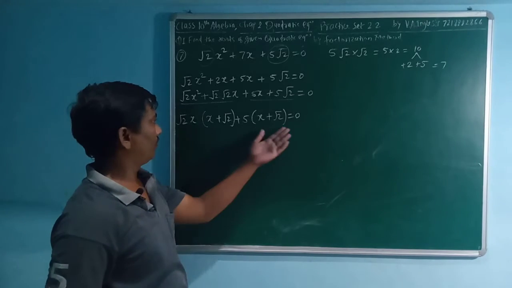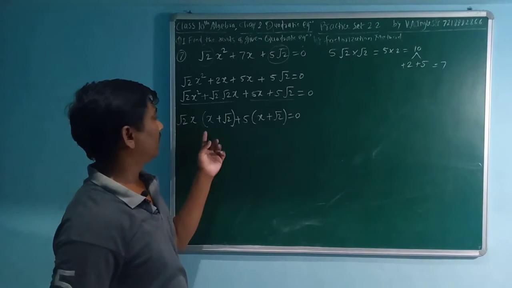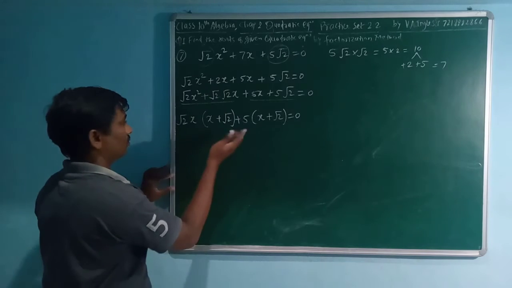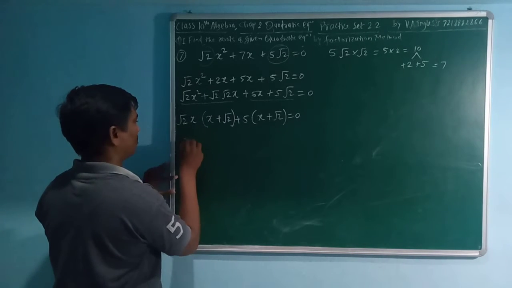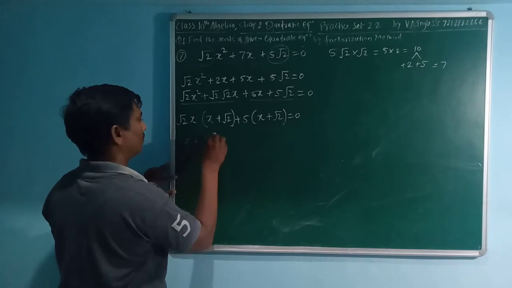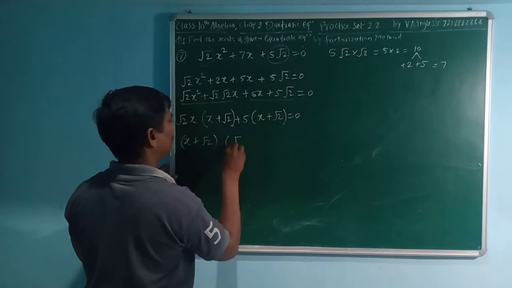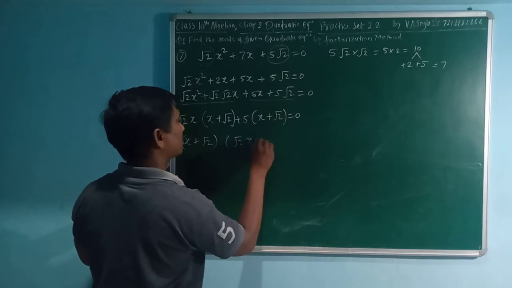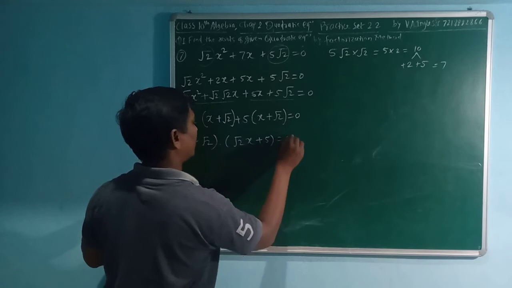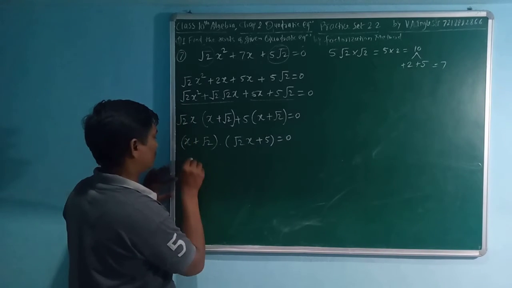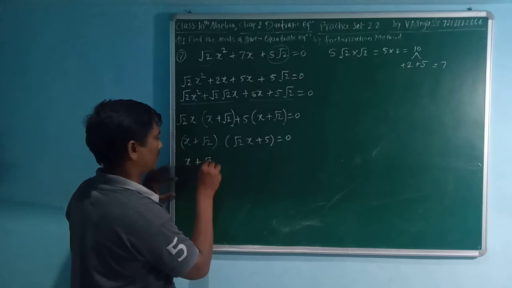See, we have got here a bracket x plus root 2 common. So we can take it as common, so x plus root 2, then remaining will be there root 2 into x plus 5.